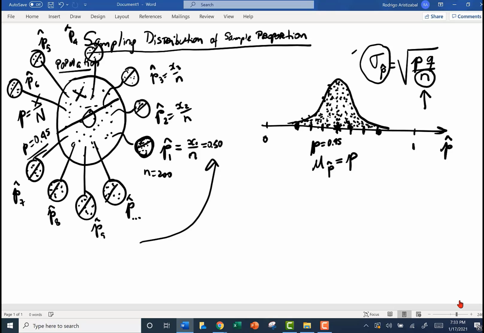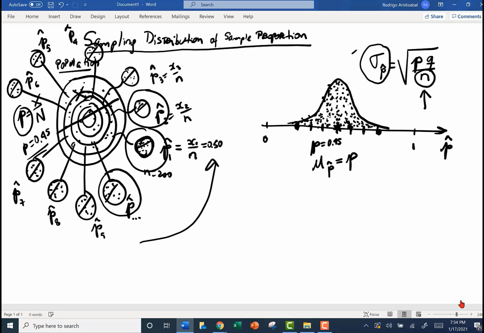Remember, when we increase my sample size, the sample proportion will be closer and closer to the true proportion of the population. For example, if we increase these samples from 200 to 1000 and we compute the sample proportion in all of these samples, all sample proportions will be close to the true proportion of the population.